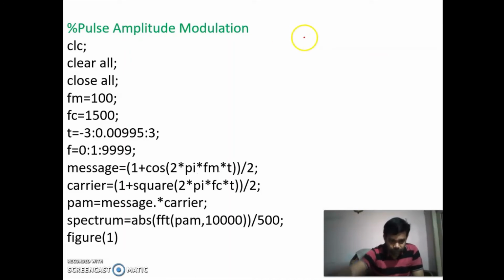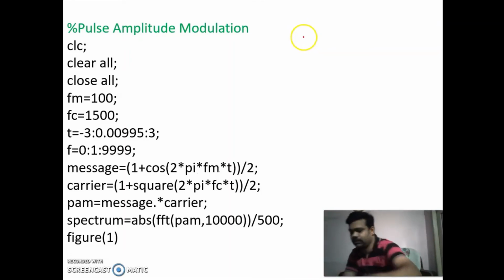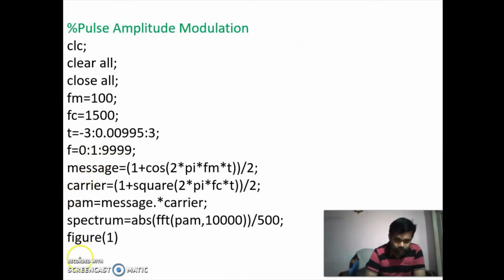The carrier signal is a square wave, a pulse train. So carrier is equal to (1 plus square of 2 pi fc t) divided by 2. This is the carrier, its frequency is fc, and this is the message signal, its frequency is fm.